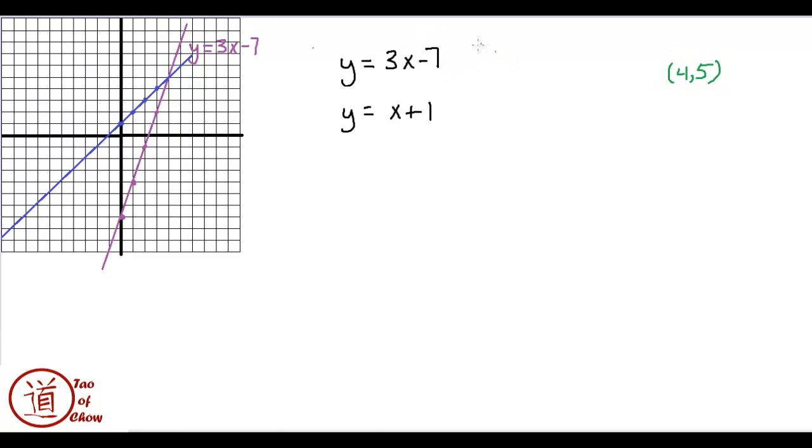For this one I have 5 is equal to 3 times 4 minus 7. Now 3 times 4 is 12, minus 7 is 5. So 5 equals 5. This is true. For this one I have 5 is equal to 4 plus 1. That is also true. So this point 4, 5 is the only point that satisfies both of these equations.